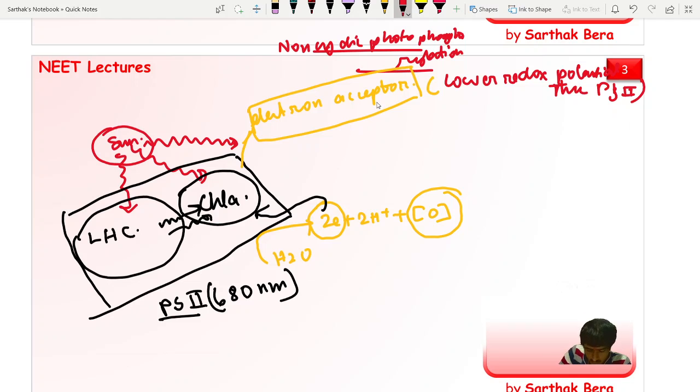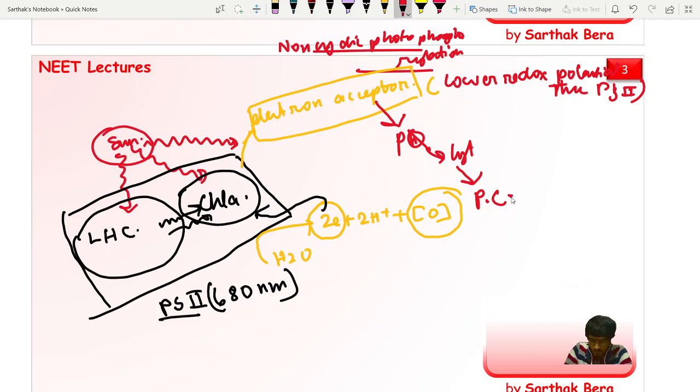And this electron acceptor passes its electron to various electron carriers such as plastoquinone. First there is plastoquinone, I am writing PQ, plastoquinone. Then there comes cytochrome, then cytochrome passes its electron to plastocyanin, I am writing PC, plastocyanin.